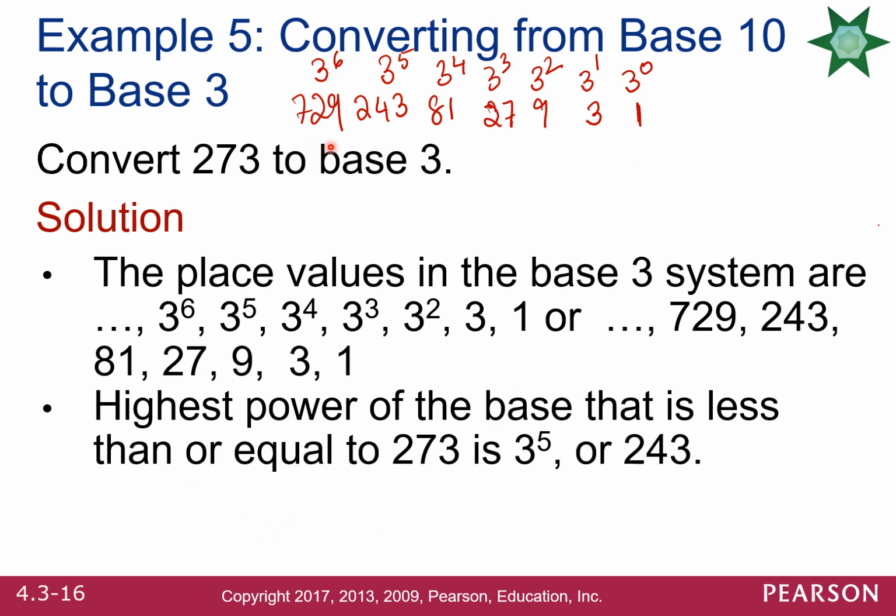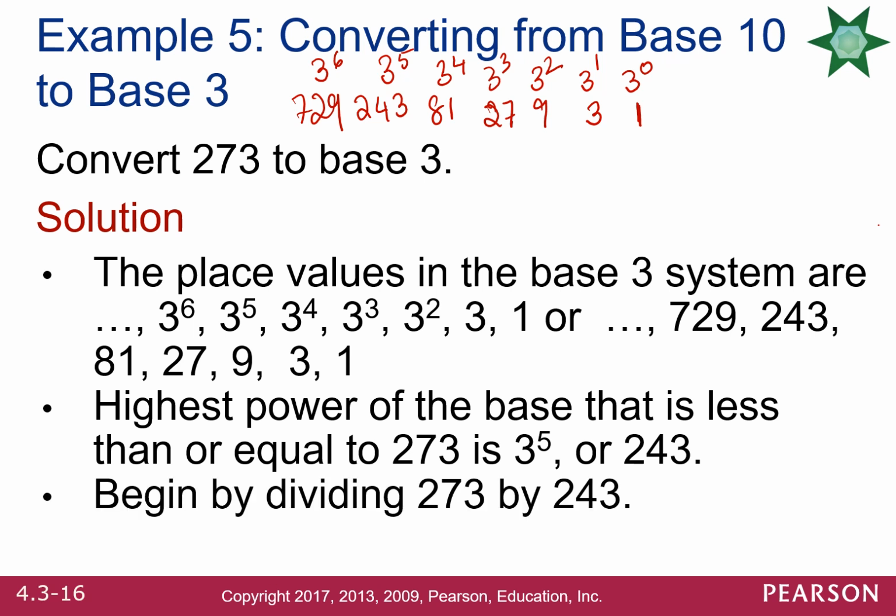So we are looking from this list of positional values for the value which is closest to 273 without going over, and they find 243 to be the value by which we can start dividing 273. So we will begin by dividing 273 by this positional value 243. And we will continue with the process of division in the next slide, right?